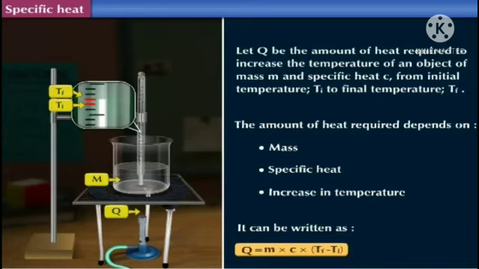So it can be written as the amount of heat required, that is Q, is equal to the product of mass, specific heat and change in temperature, that is Q = m × C × (Tf − Ti).